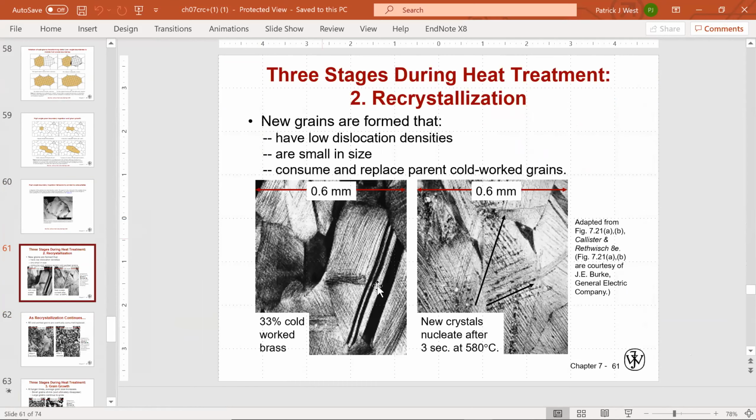So initially, here we have a material that is cold worked. This is actually pretty neat because we see the grain. This is a grain, this is a grain, etc. And all these lines are all the defects in the grain. So these are all the edge dislocations.